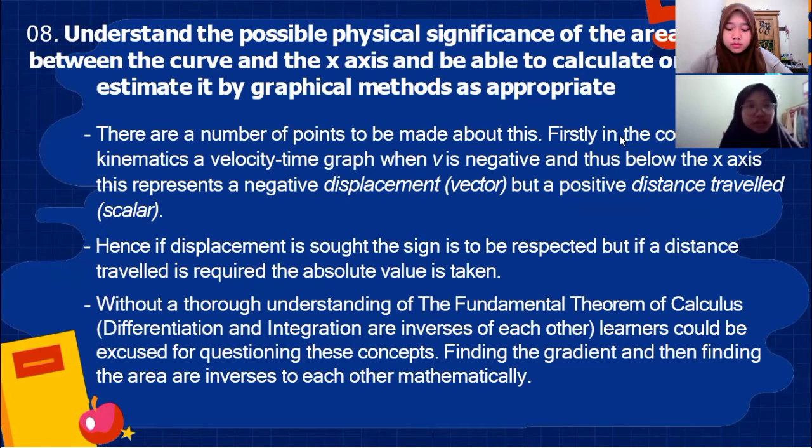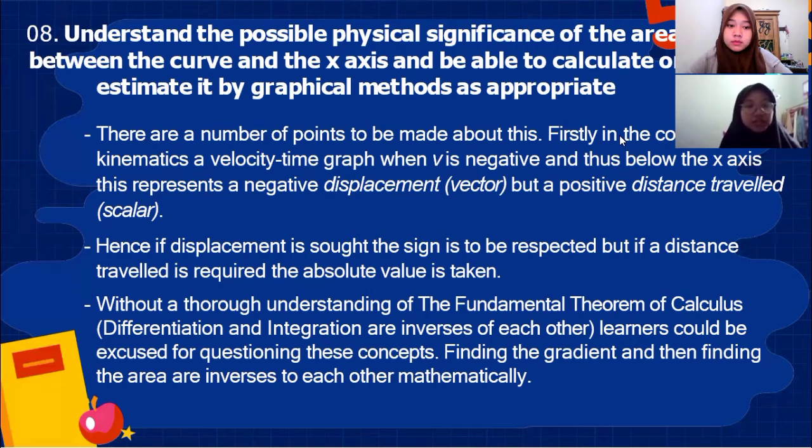Firstly, in the context of a kinematic or velocity time graph, when v is negative and thus below the x-axis, this represents a negative displacement vector, but a positive distance traveled, we know it's a scalar. So for the next, hence, if displacement is required, the sign is to be respected, but if distance traveled is required, the absolute value is taken.